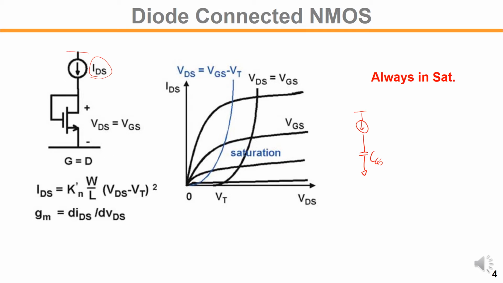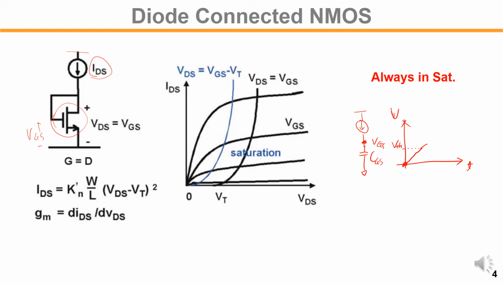When VGS is below threshold voltage, we will see only capacitive behavior. So at the X node, the VGS node here, starting from 0 volts, VGS will rise up until this transistor turns on. Once VGS goes above VTH, the transistor will start to conduct.